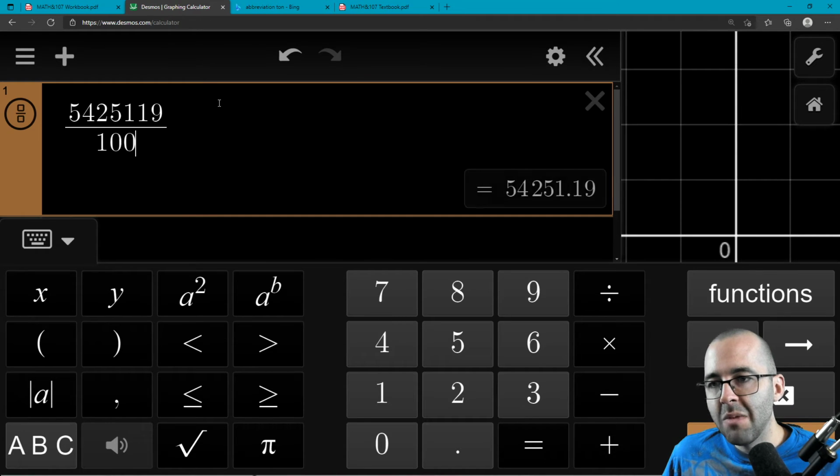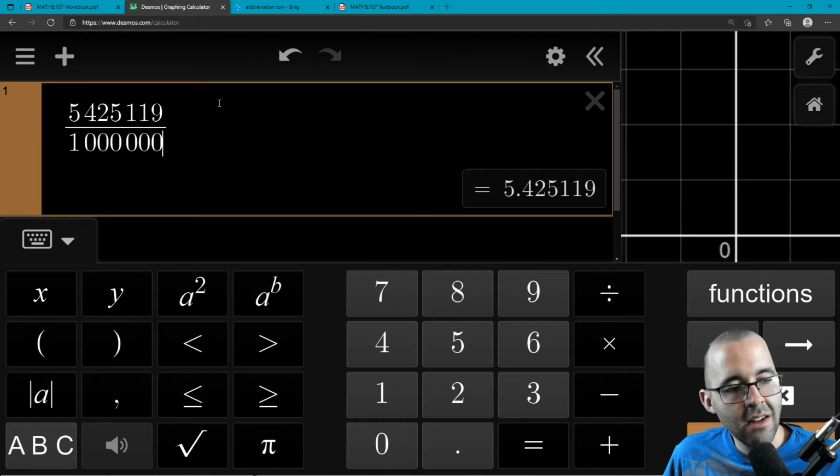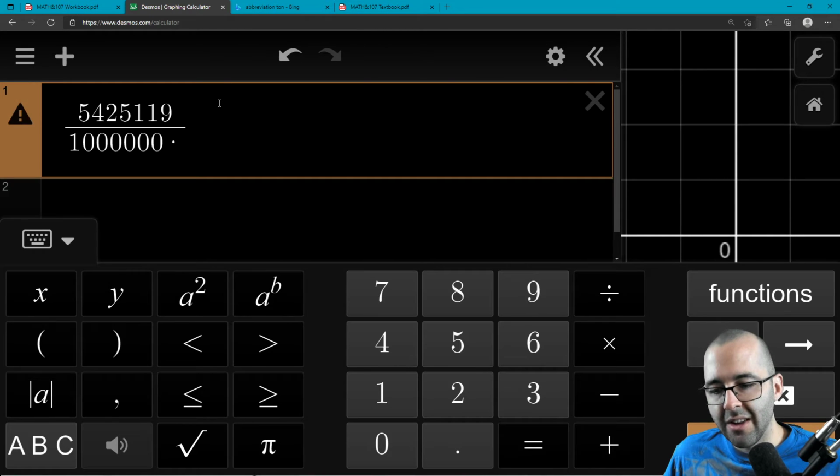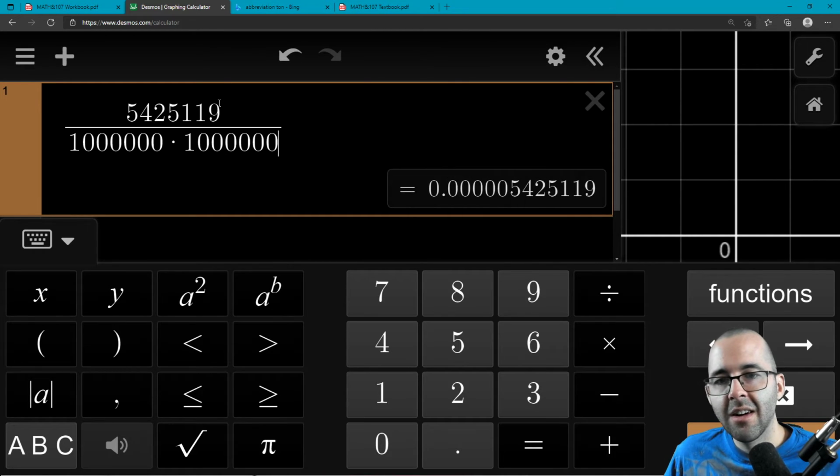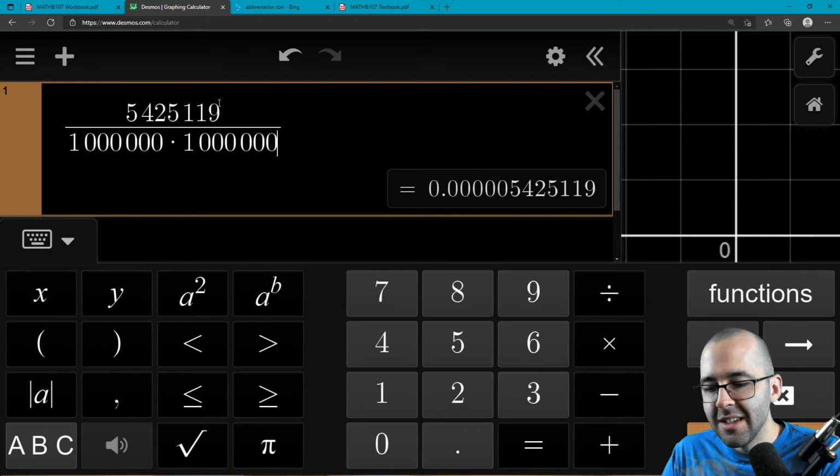Divided by 1 million. And there's another million in the denominator. That's a lot of zeros. It's equal to 0.0000005425119. You don't have to write this much.